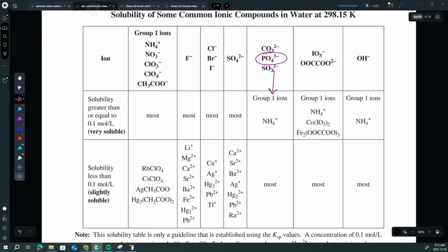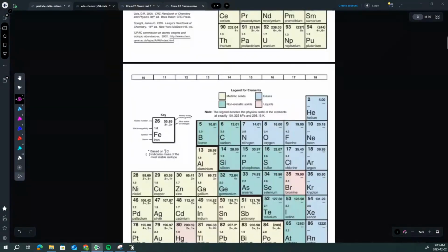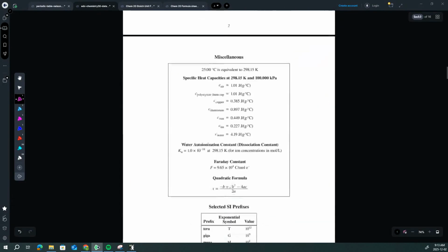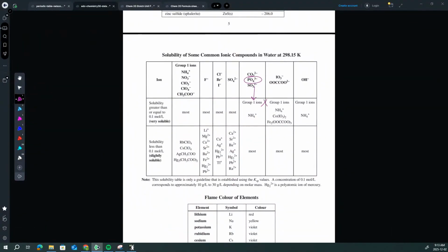However, if we take a look at where zinc is, zinc is number 30, it's group 12, so it doesn't fit in those group 1 ions there. So that's going to mean that it doesn't fit here, it's not ammonium, so it's going to be insoluble.